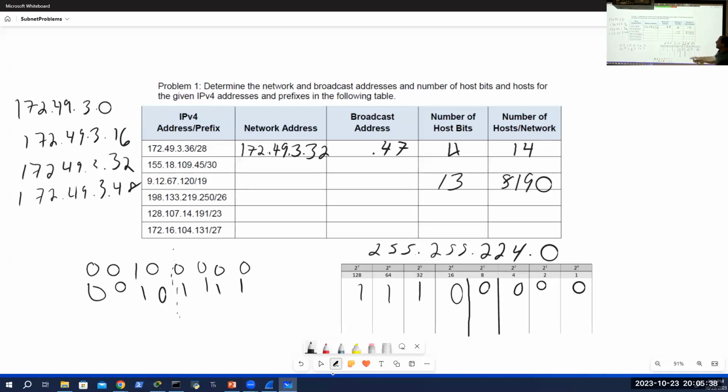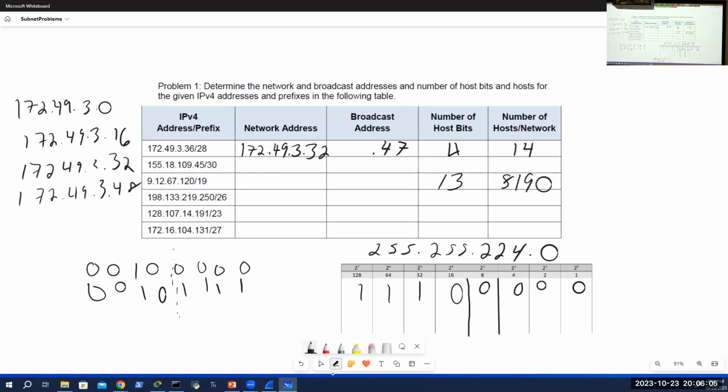What we care about is the third octet, and which subnet 67 is in. Since the third octet subnet mask is 224, the rightmost bit of that subnet mask is in the 32 field. That means when this subnetting was done, it was incrementing the subnets by 32s.